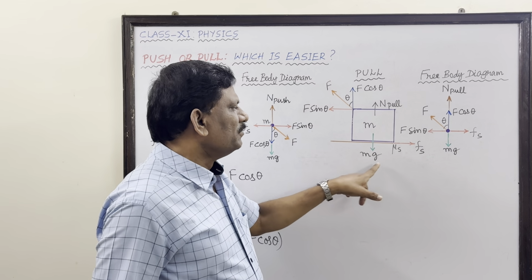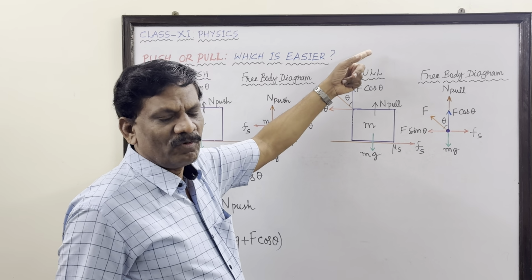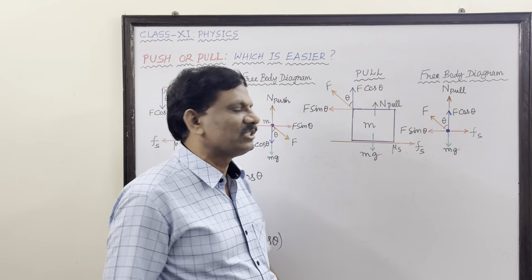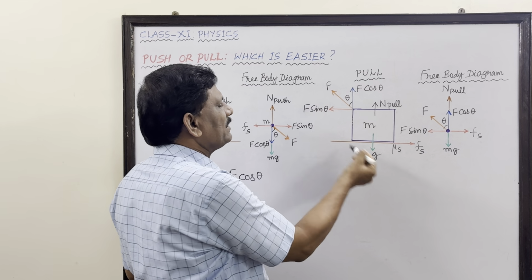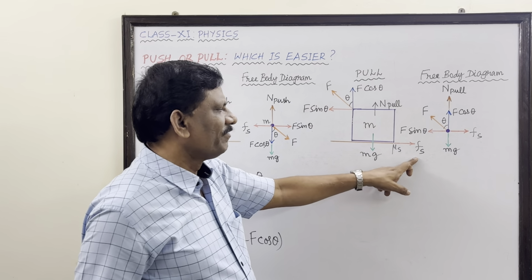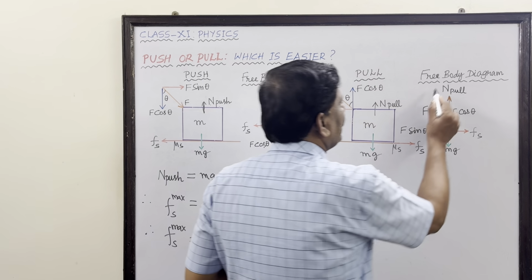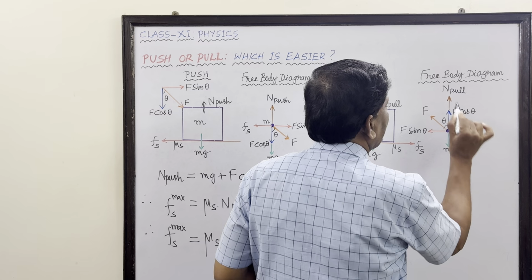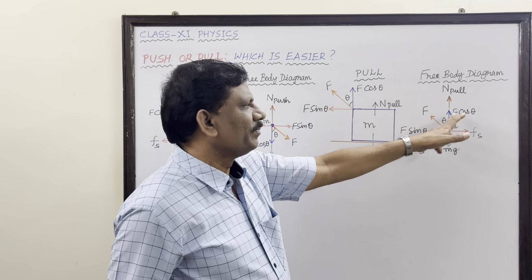Here mg is the weight acting vertically downwards, and N pull is the normal reaction acting upward. This time the force F is acting towards the left, therefore the frictional force Fs acts towards the right. The free body diagram is drawn for the mass m, with all the forces acting on it.